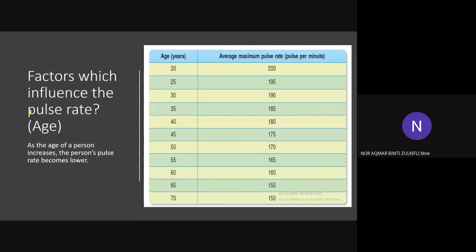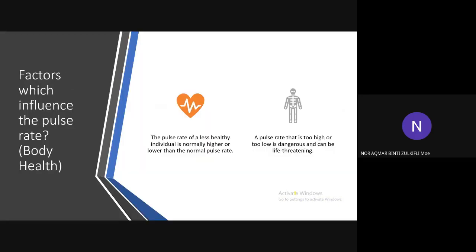Okay, the next factor is age. Of course, the older you are, the slower the pulse rate produced. So at 20 years old, 200 pulses per minute, but when you are 70 years old, it decreases to 150 pulses per minute.